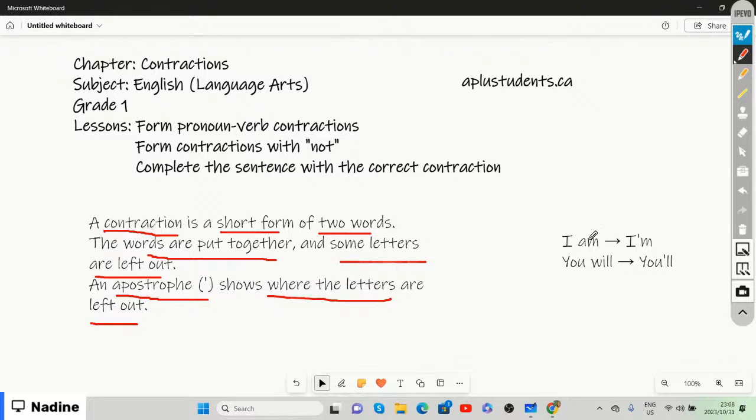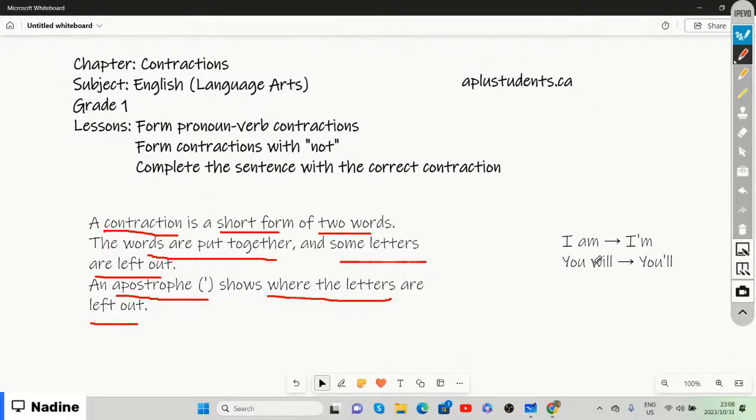And if we look specifically at the words here on the right hand side, it says I am, right? So instead of saying I am 10 years old, you can basically say I'm 10 years old. Or instead of saying I am going to the park, you can say I'm going to the park.